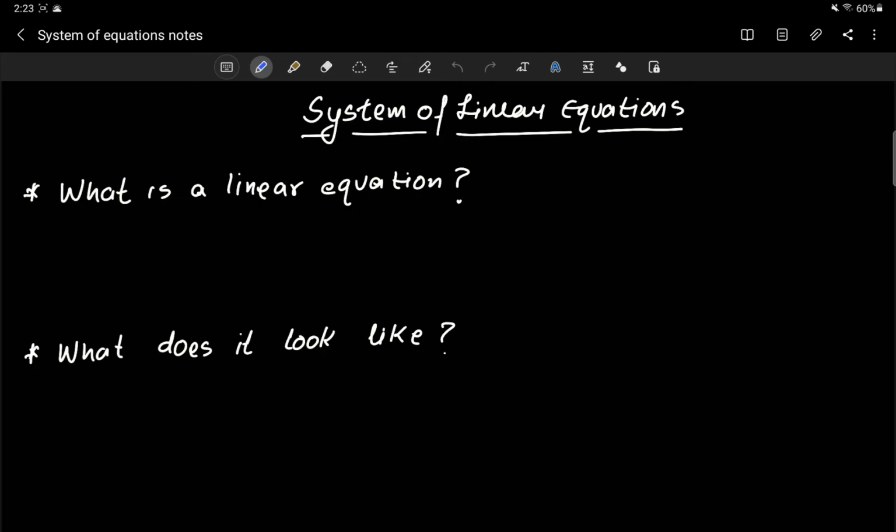For example, what is a linear equation? There are many ways of thinking about it. One way is that if you plot it, that is graphically, it is a straight line.